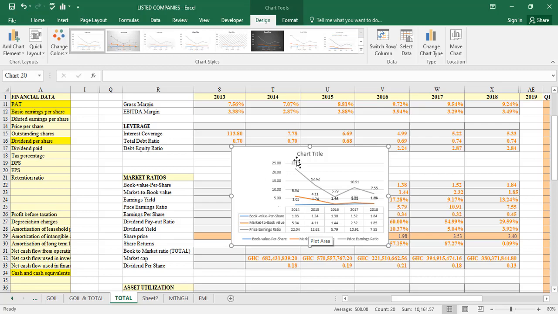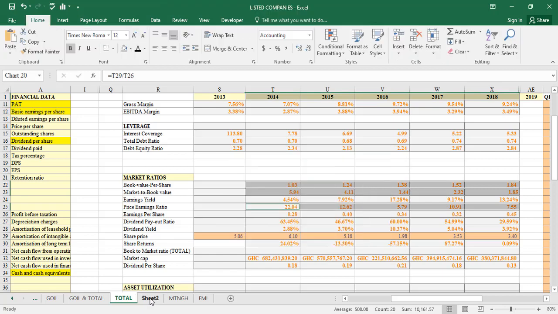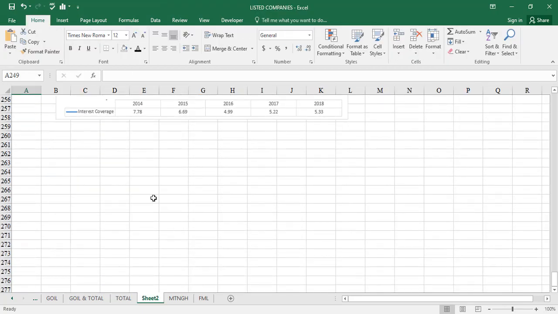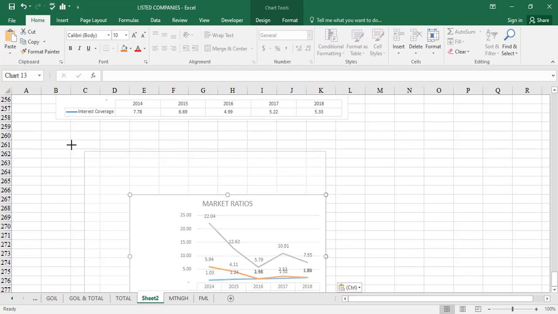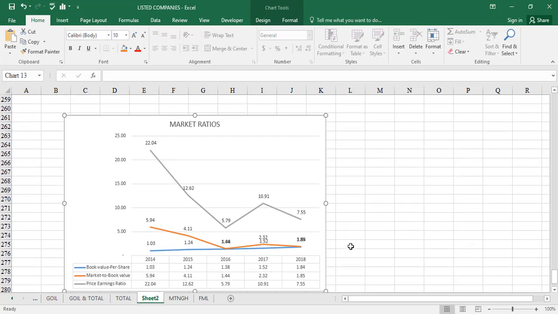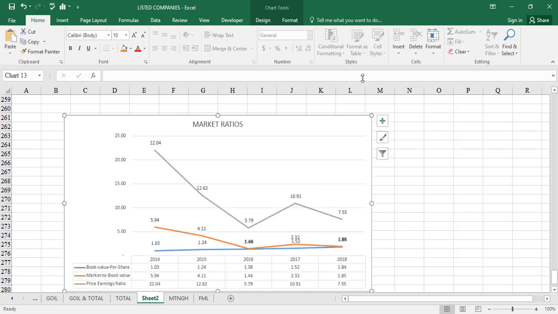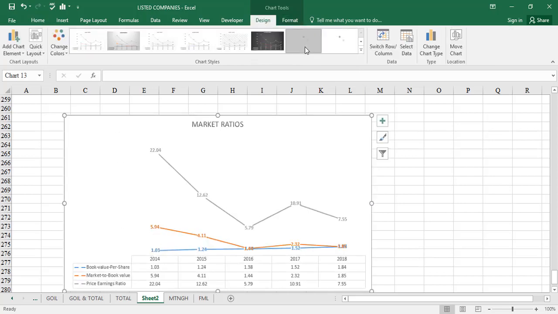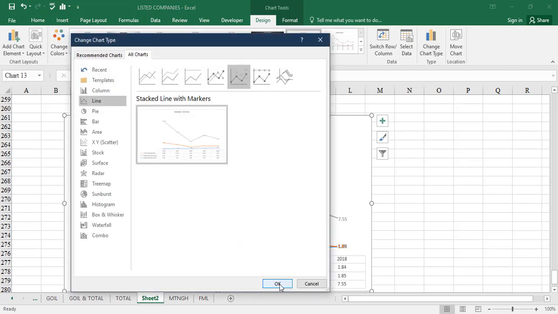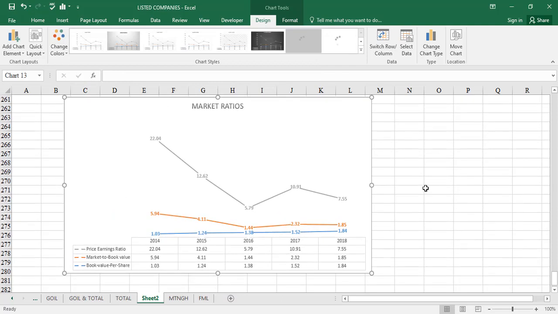So this will represent the market ratios. Let's take this out and bring it to our blank sheet, and also change the chart in question. Let's see if we can get a better one. Good, I think we can use this.